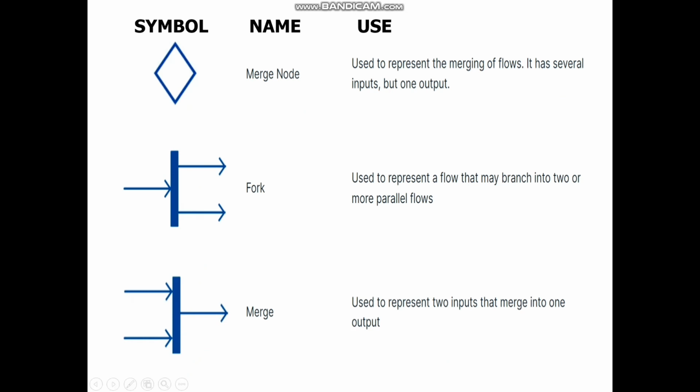Next is fork. It is represented by single input and multiple output. Fork indicates the point where a single flow is divided into multiple parallel flows. It represents the concurrent execution of multiple activities. Next is merge. It represents the synchronization of multiple parallel flows back into single flow. It is used when multiple activities running in parallel need to converge.